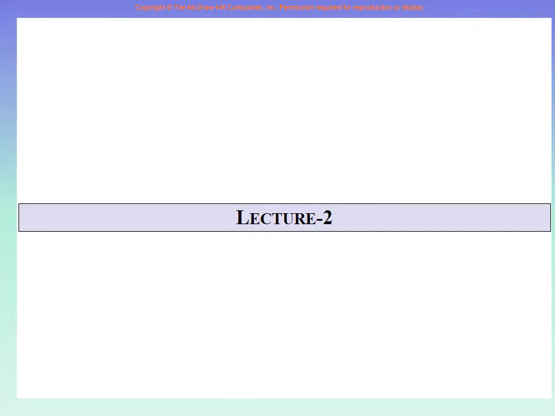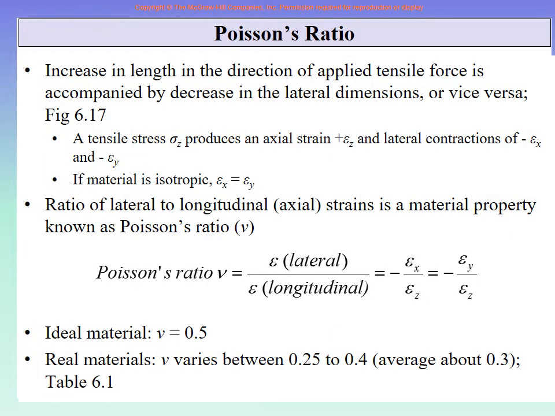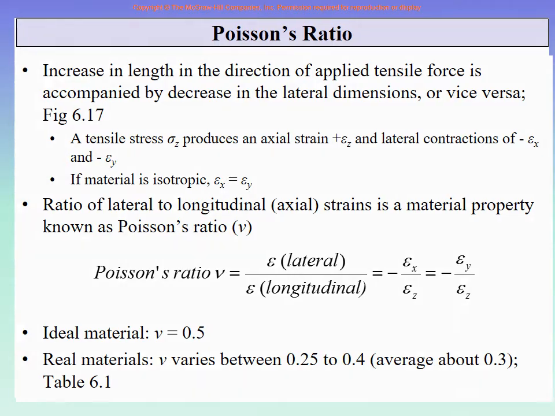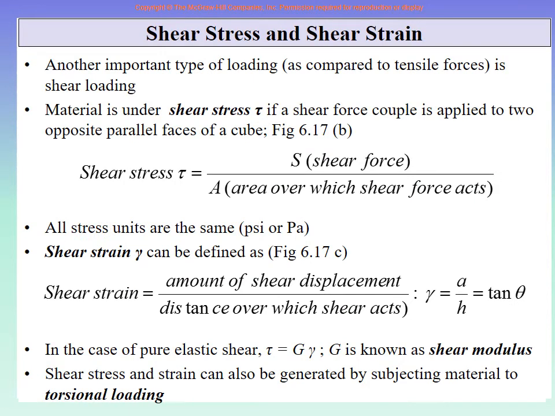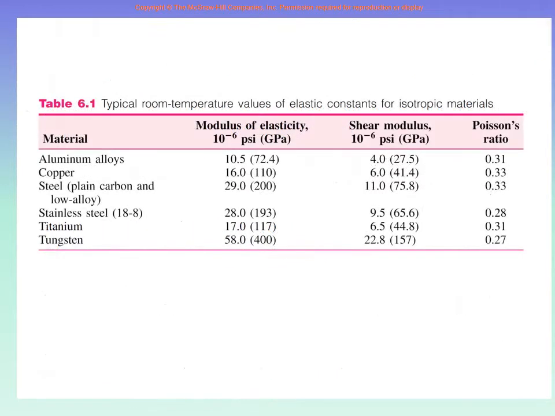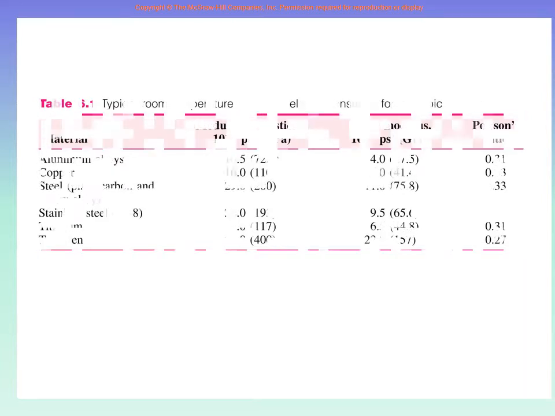Let us start by quickly going through what we covered in lecture 2 of chapter 6 last time. We talked about Poisson's ratio. We talked about shear stress and shear strain and their units and their definitions. We gave you the three material properties of elastic modulus, shear modulus, and Poisson's ratio for some of the materials which are commonly used in engineering applications.